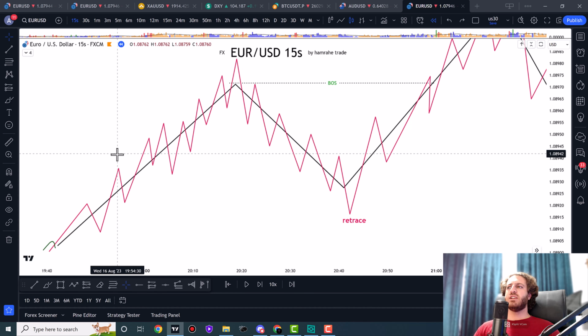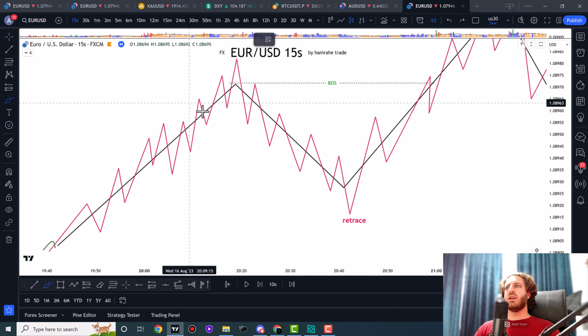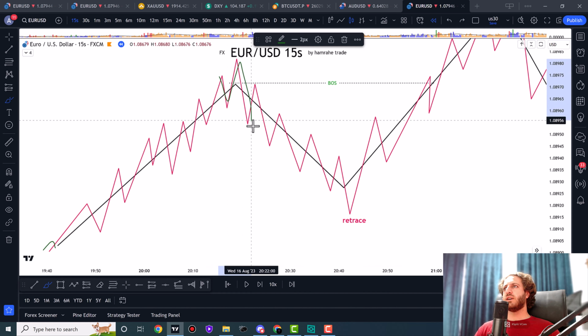For example, a very simple entry setup that you can find is the 1 2 3 setup. So this low is 1, this is 2, and this is the 3.